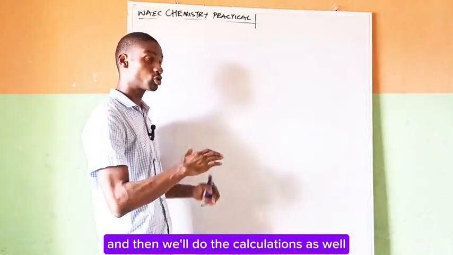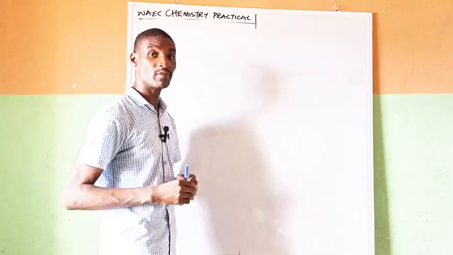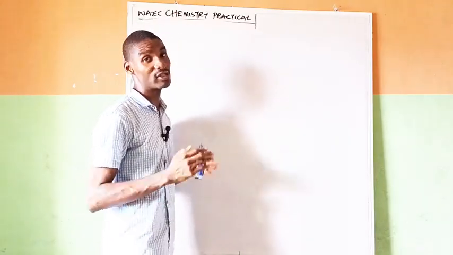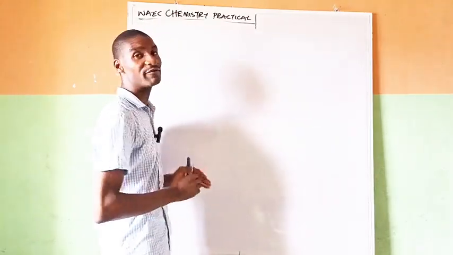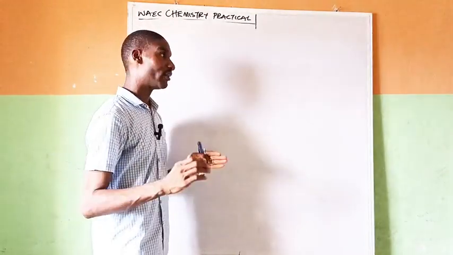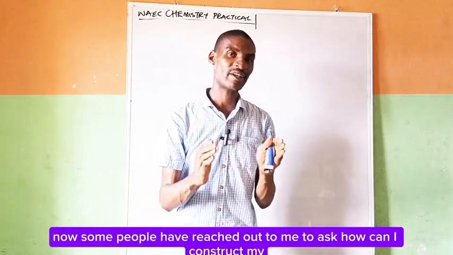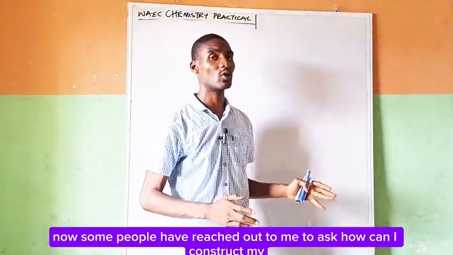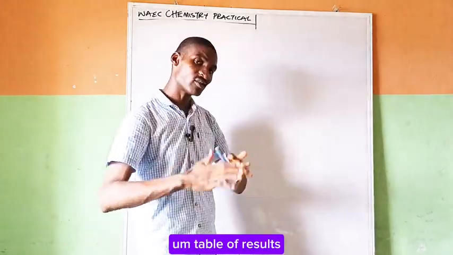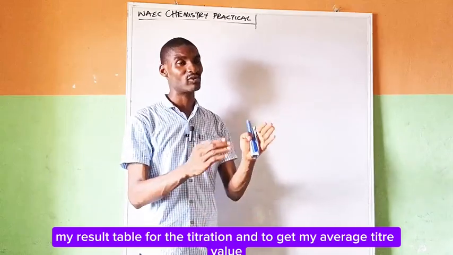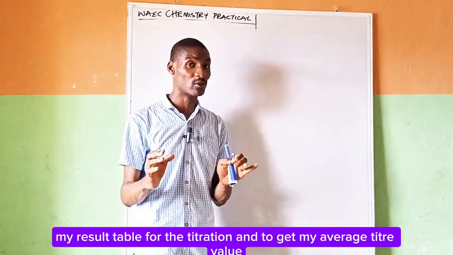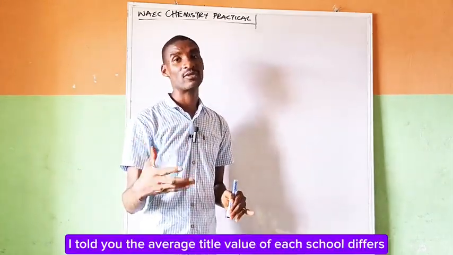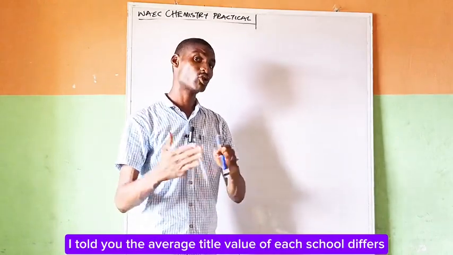How can I construct my result table for the titration, and get my average titre value? Now remember, I told you the average titre value of each school differs. That of your school differs from that of other schools. So in your school, based on the experiment you carry out, there is going to be a range of figures. Your teacher could actually reveal that range to you.